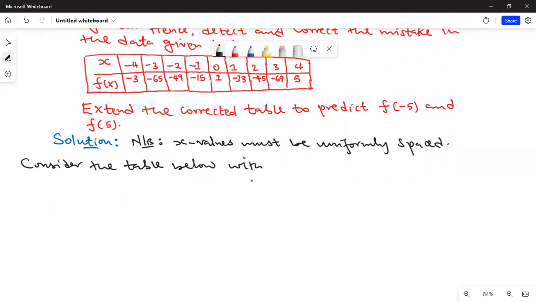Let's say the table has a very small error, which you can call epsilon, in one of the tabular values.